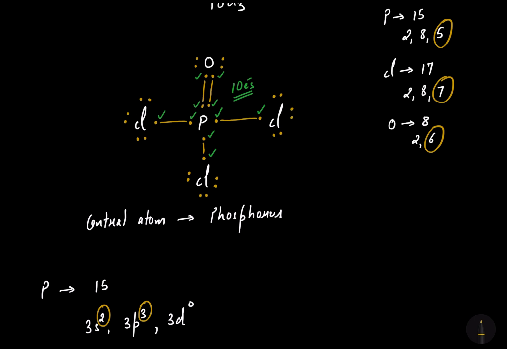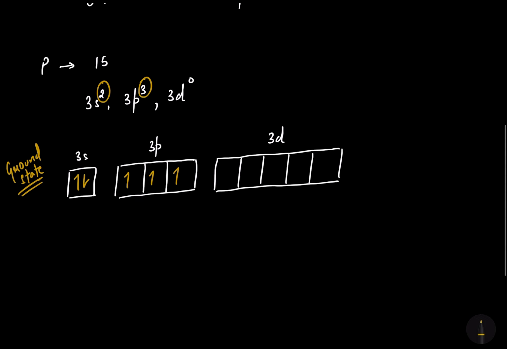In the Lewis structure, phosphorus is forming a total of 5 bonds. From here one thing is clear. If phosphorus is forming 5 bonds, that means in case of phosphorus there must be 5 orbitals which must have 1 electron each, so that the 5 orbitals of phosphorus can overlap with the orbitals of chlorines and the oxygen containing 1 electron for the formation of covalent bonds. So firstly we must have 5 orbitals containing 1 electron each, but right now we are having only 3p orbitals which are having 1 electron each.